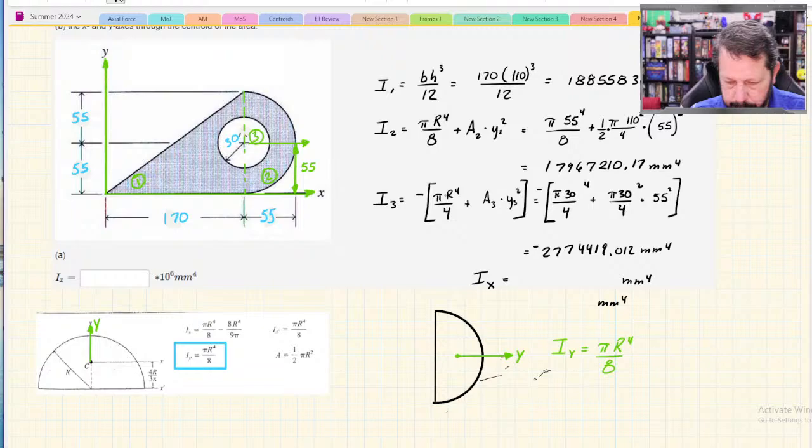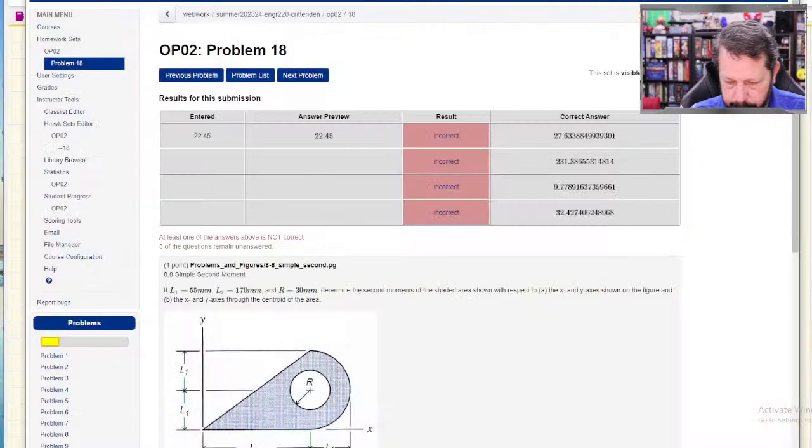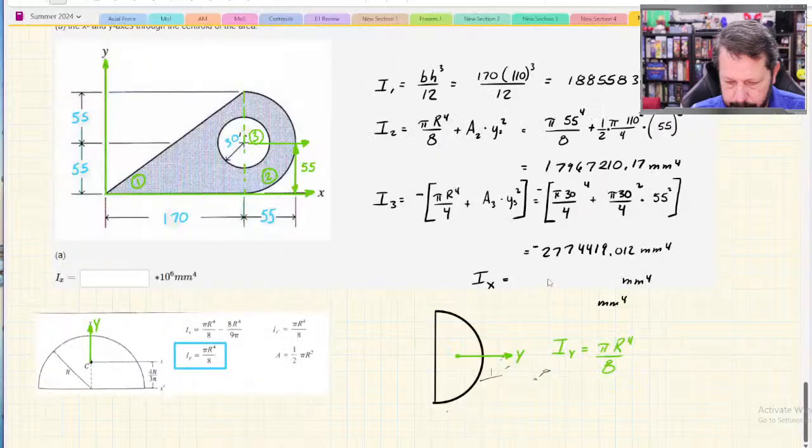Well, let's see. I'm not seeing where pi d squared over 4. I'm not seeing where we're getting a different number, because it wanted 27, and if you add these, we're getting like 34.